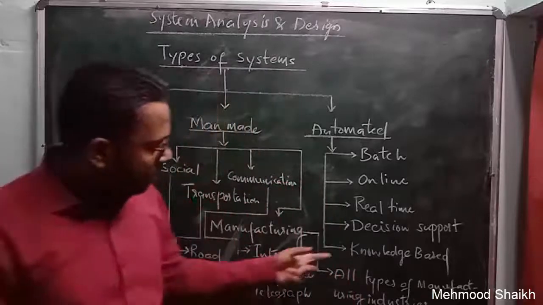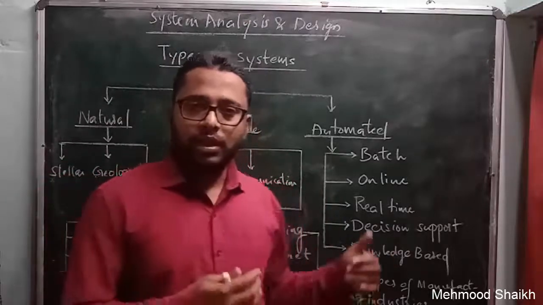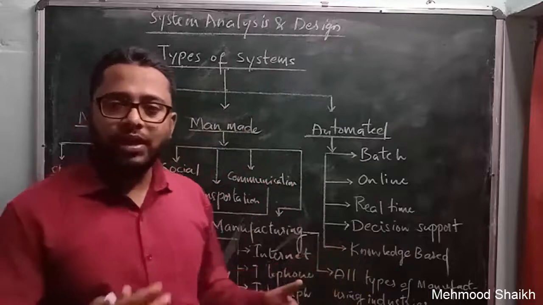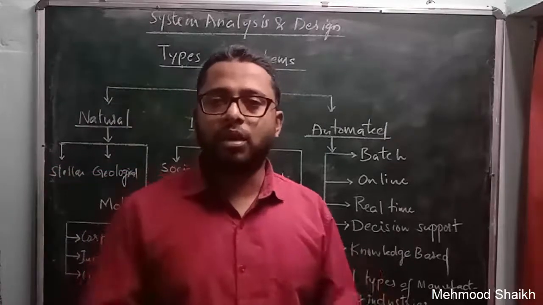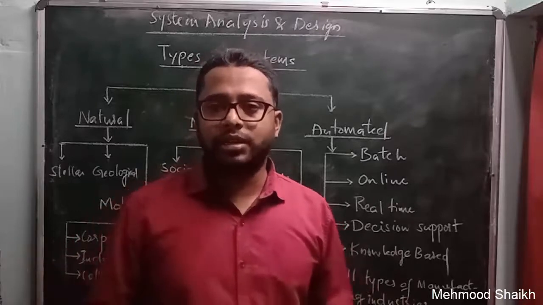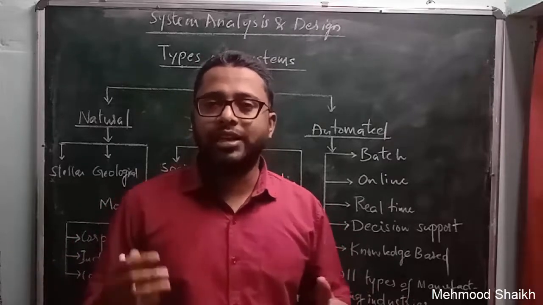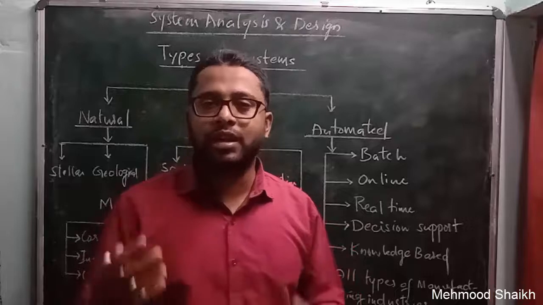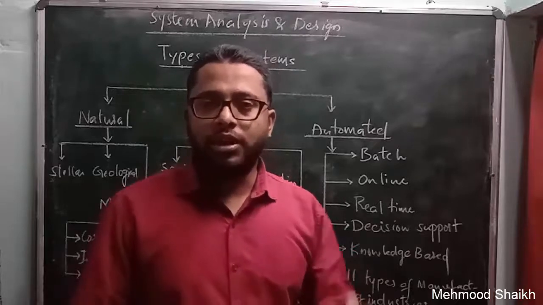Now the next we have knowledge based system. So in this type of system, various knowledgeable people or experts from various fields, from various industries will come together and they share their thoughts, they share their experience on a particular problem.